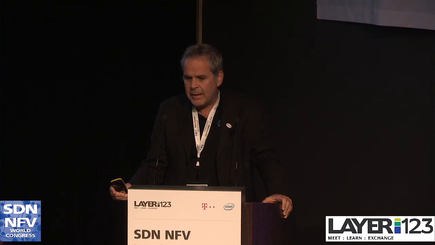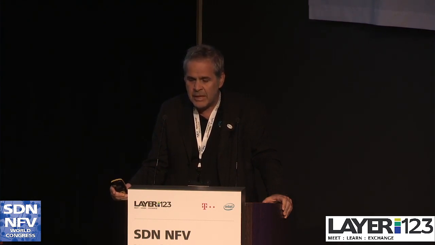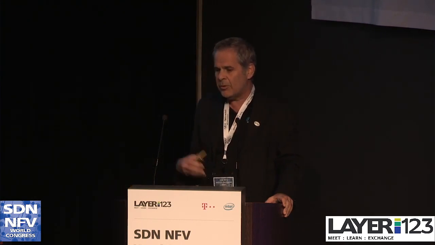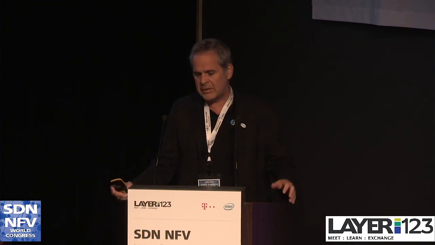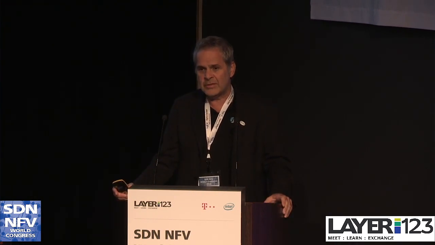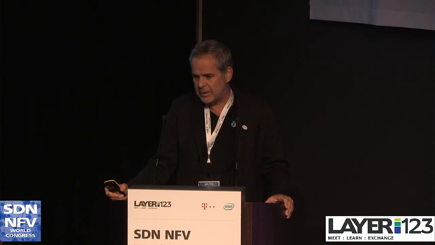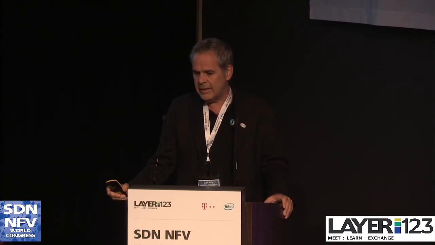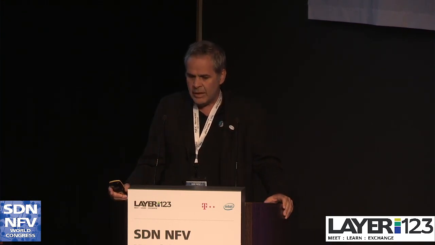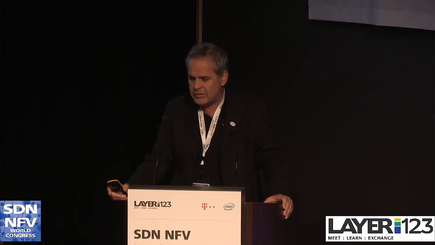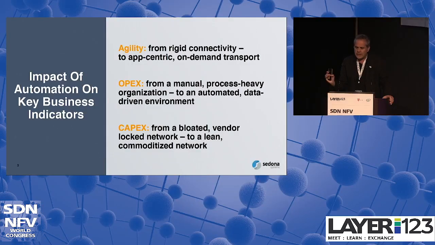And from a capital expense perspective, today, because these networks are so operationally rigid and not agile, they're bloated. There's a lot more capacity in the network than needs to be, and therefore a lot more cost than absolutely necessary. So there's a chance to transform those networks to networks that are a lot more thin and lean, a lot less resources to do the same job, or actually an even better job.